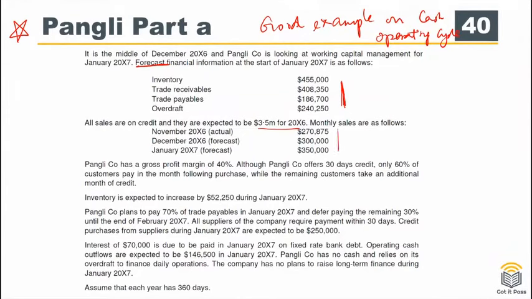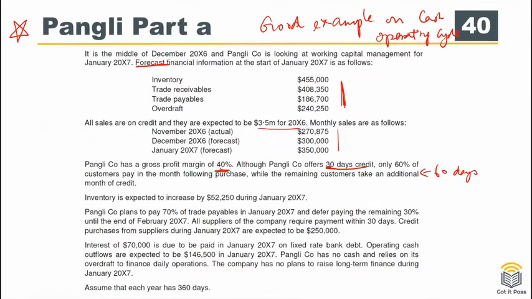For Payable, this company has a gross profit margin of 40%, and it offers 30 days credit. In other words, the customer can enjoy 30 days credit. However, only 60% of customers pay in the month following purchase, while the remaining customers take an additional month of credit, so maybe about 60 days.